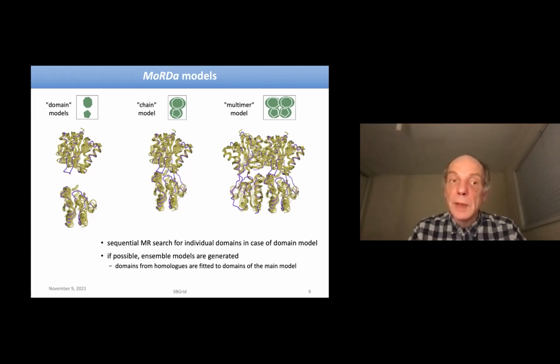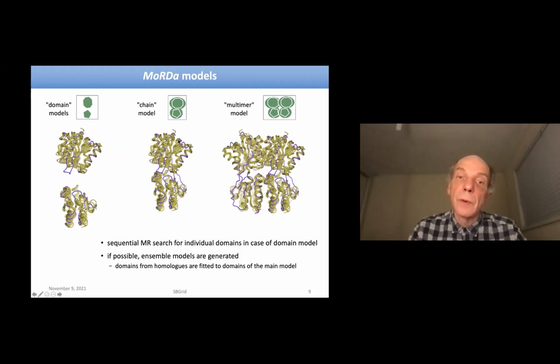But they are grouped together, and there is an expected number of copies to be found for each. And we have, again, chain models and multimer models, and ensembles, if possible, are generated. There will be one more slide about them. In those ensemble models, domains from homologs are fitted into the domains rather than chains to chains or oligomers to oligomers.